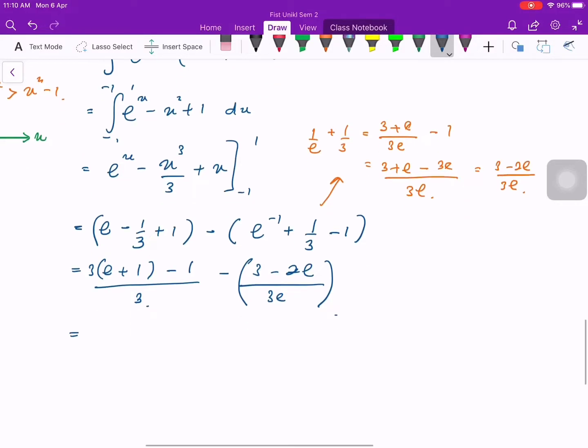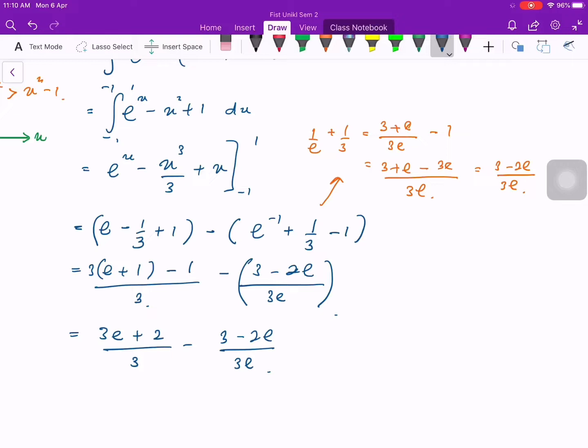Here I expand, and I will get 3e plus 3 minus 1, which becomes 2. So here I will get 2 over 3, minus (3 minus 2e) over 3e.